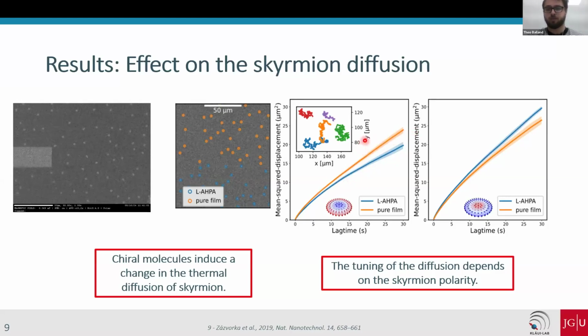And what's also interesting is that if we change the polarity of the Skyrmions, the opposite core magnetization, then the diffusion of the Skyrmions in the area covered with molecule is not reduced anymore, but even enhanced. So we can see that there is some effect of the Skyrmion polarity on the tuning of this Skyrmion diffusion.